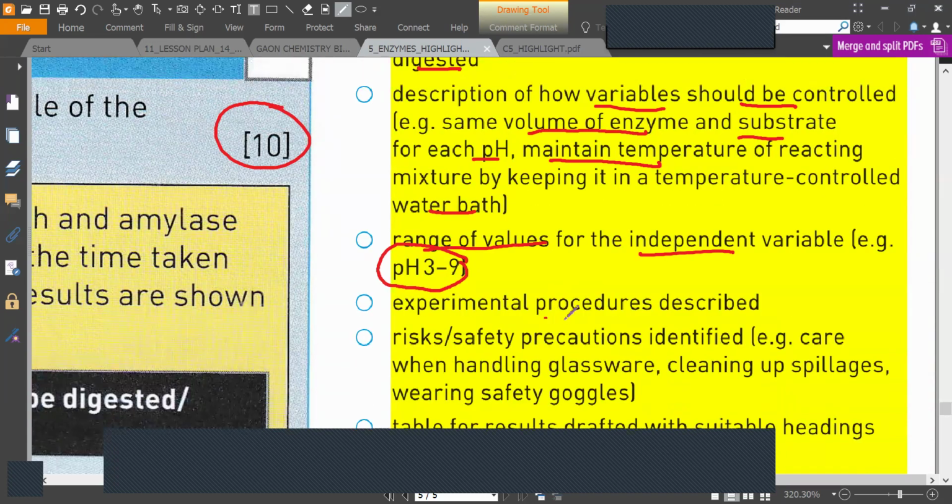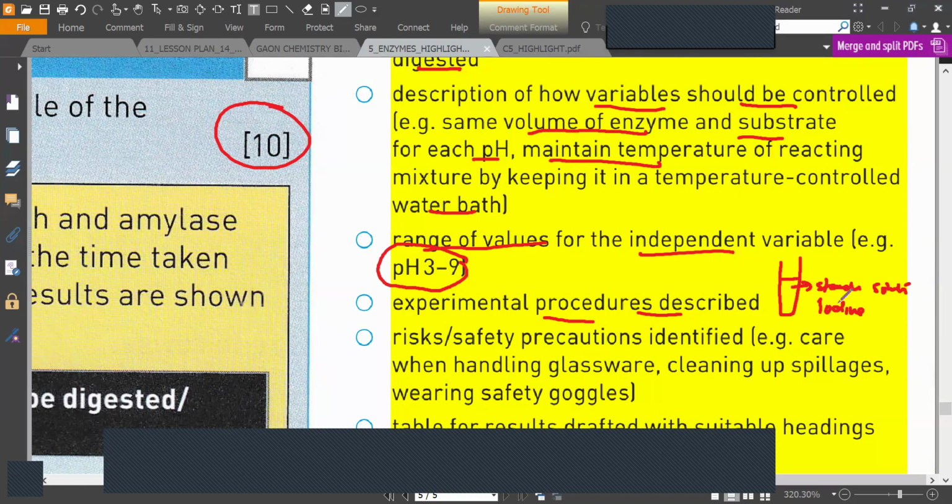Experimental procedure described. For example, we can take the starch solution and then we put the iodine.